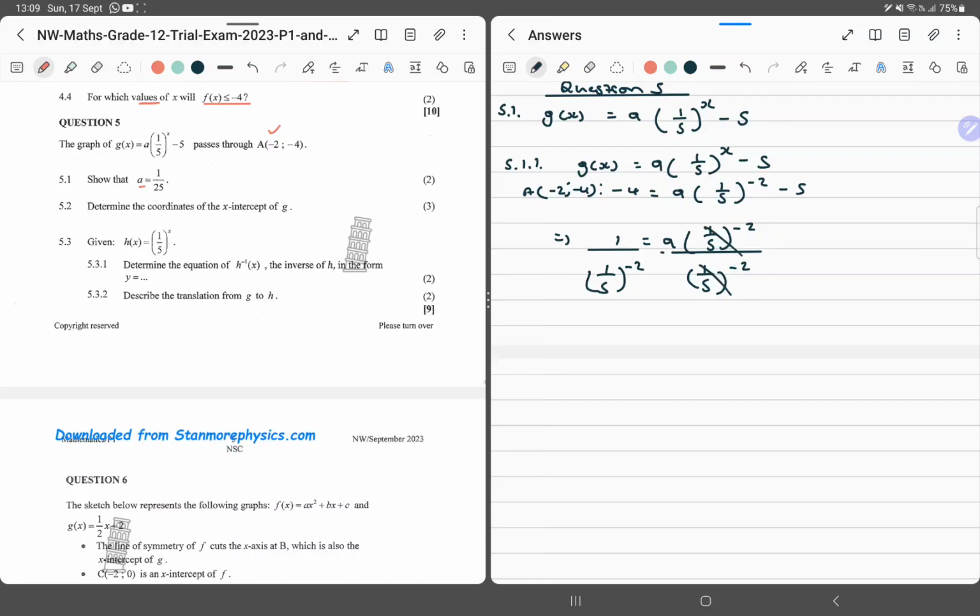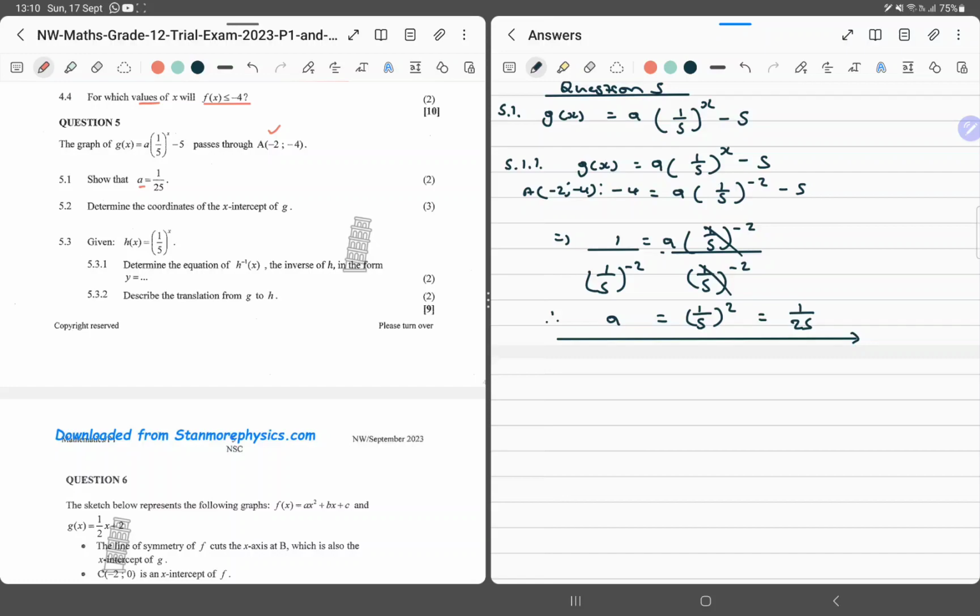This one cancels. Therefore, we know that our A is going to be, when you move this into the numerator, it carries a positive exponent. So this is basically going to be 1 over the exponent 2, which is essentially 1 over 25. That's easy, né?